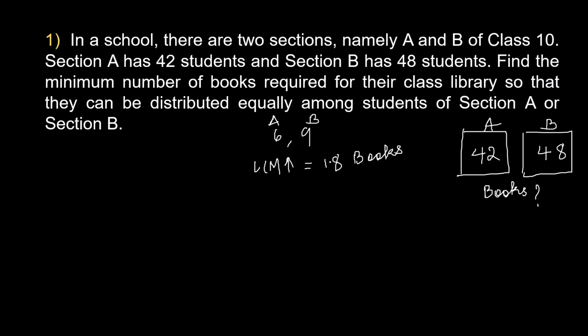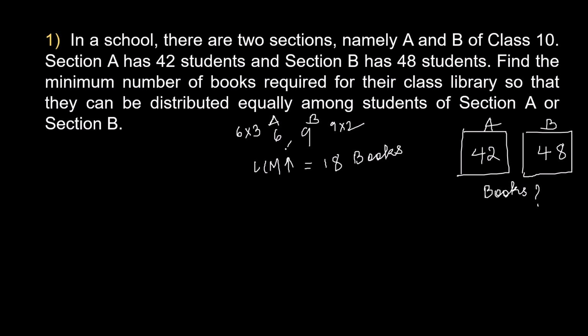So when I go to section B class, now I have 18 books and I have to distribute them equally. In class B, I will distribute 2 books for each student. That means 9 2s are 18. And in section A, I can distribute 3 books.